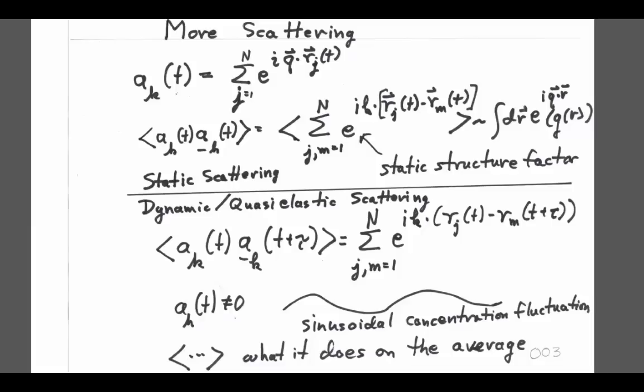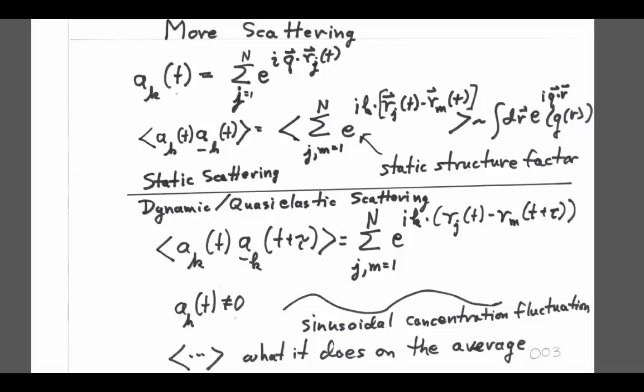You can do scattering of neutrons. There is a modest trick with neutrons that what you readily measure is slightly different. Nonetheless, we're doing dynamic scattering, meaning we're comparing a_k at one time and a_minus k at a second time.